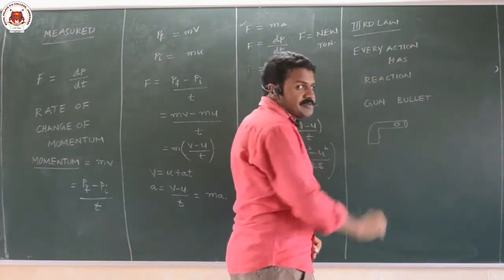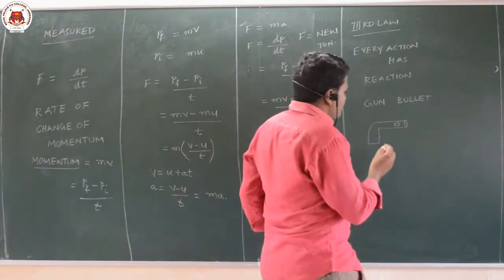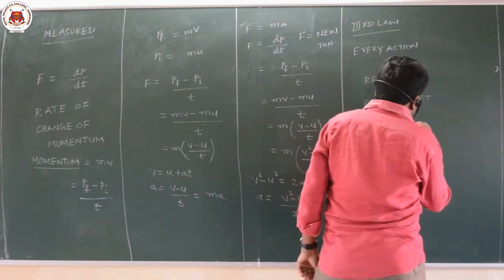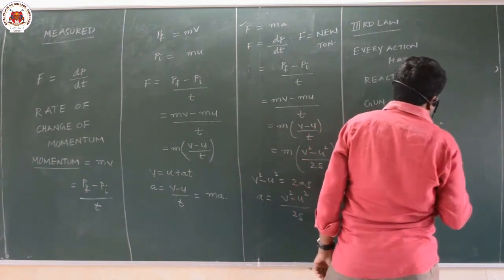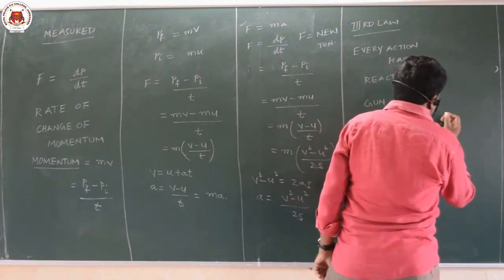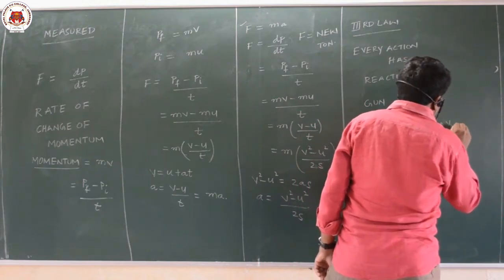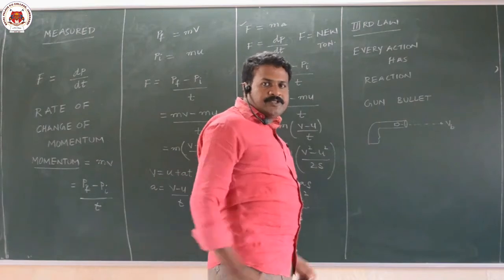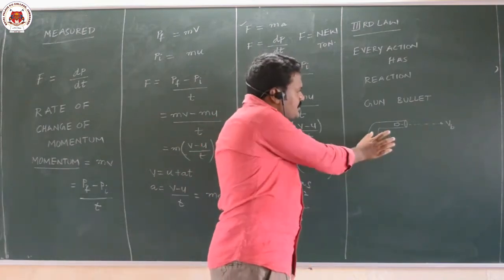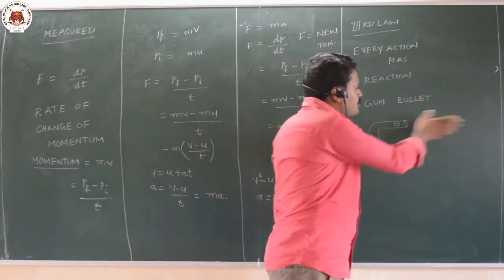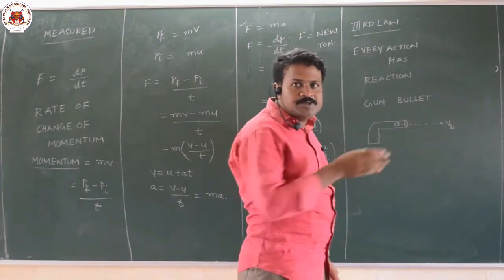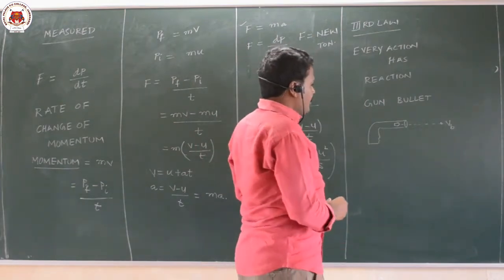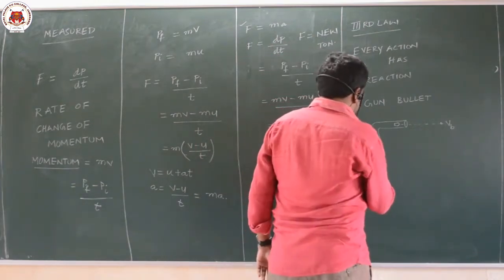Once it fires, what happens? The bullet will move forward with a certain velocity. Let us take this as the velocity of the bullet. A person is just firing. The bullet moves forward, and when the bullet moves forward, the gun moves backward.